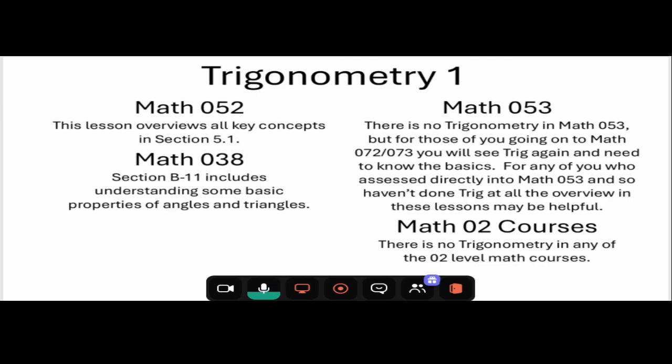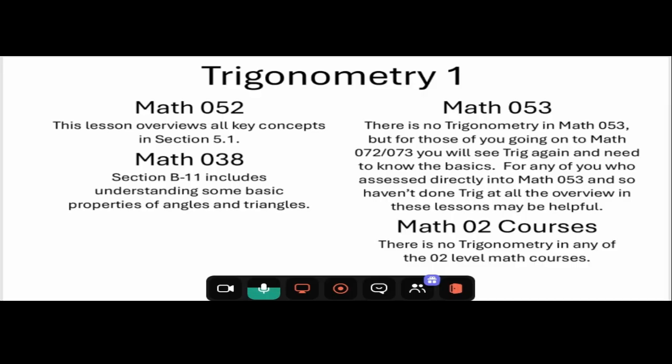This is going to cover all the main concepts in 5.1 for Math 052. Little bits for B11 in Math 038. You don't really get too deep into the triangles, but a basic understanding of the angles and sides of a triangle is needed. Math 053 is a funny one as usual. There's no trig in Math 053, but you will run into trigonometry again in your 07 level math courses, depending on which ones they are, and it'll be expected that you know all of the 052 trig.